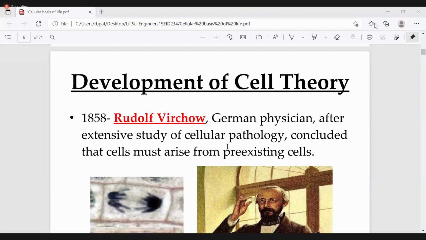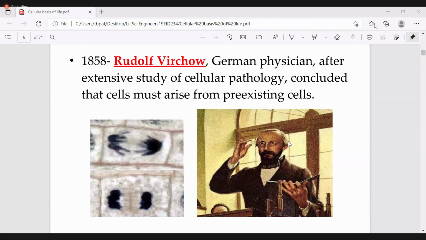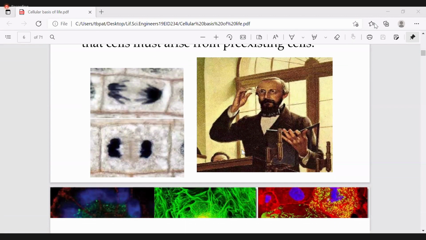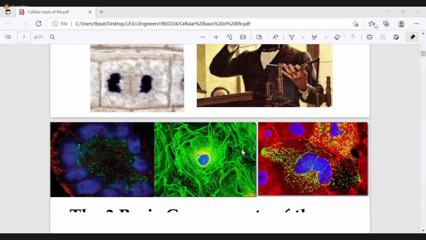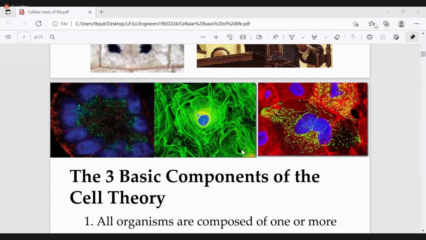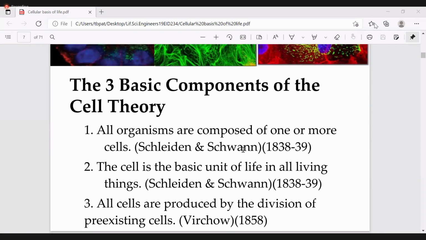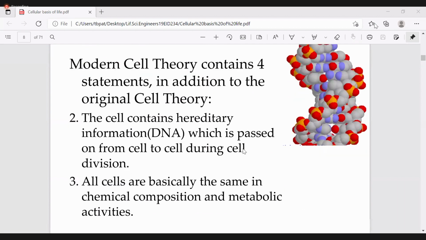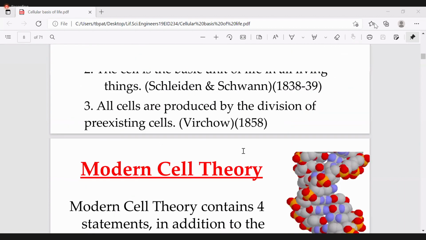He concluded that cells must arise from pre-existing cells, whether in a diseased state, abnormal growth, or otherwise. Next, the three basic components of the cell theory. The cellular basis of theory runs from 1838 and 39 up to 1858. He identified three bases of the cell.